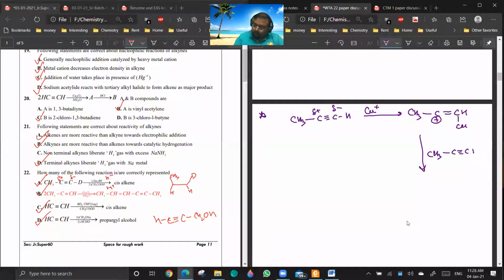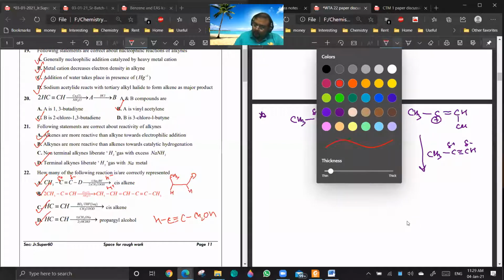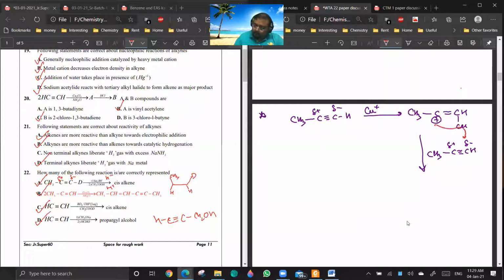This is delta plus and delta minus. So if this attacks here, then what will be happening?